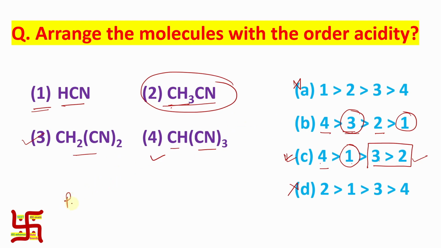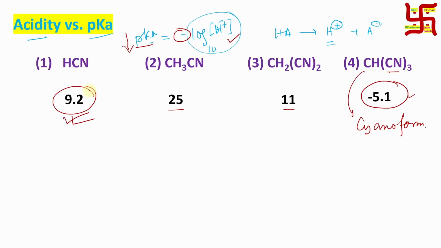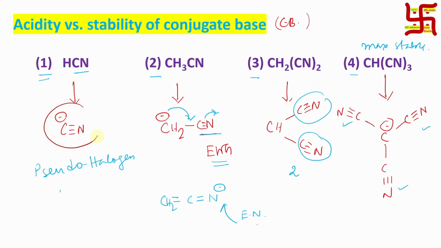By the way, this technique has a name. It is called the process of elimination, and it is very useful in solving MCQs. So just remember, if you feel confused and don't know the values, by comparing these three you can end up with the right answer. And another thing, in the case of HCN, the negative charge is on cyanide, which is relatively more stable.